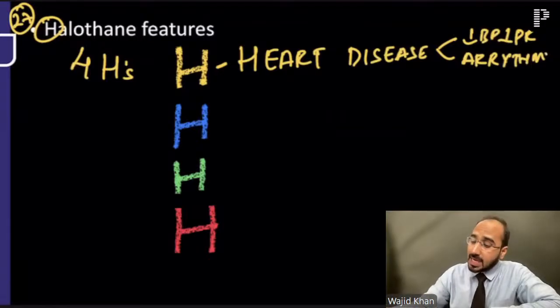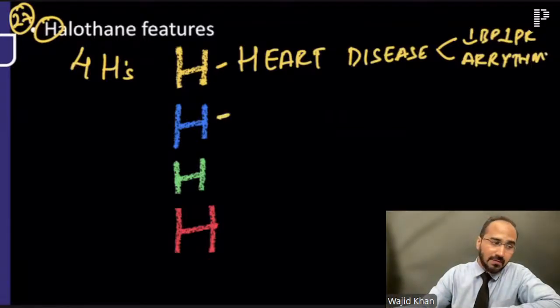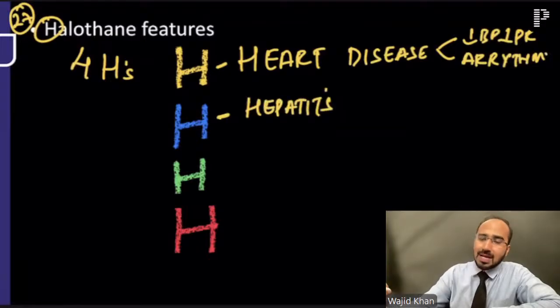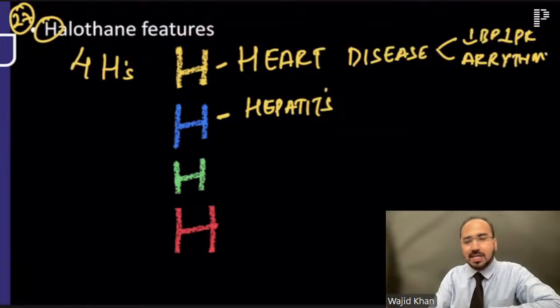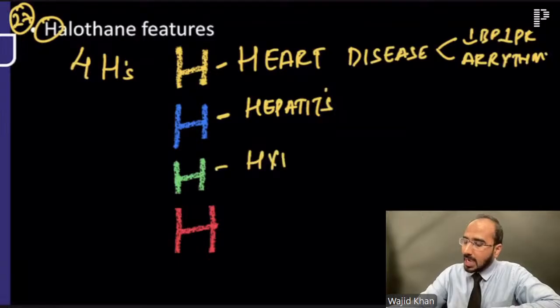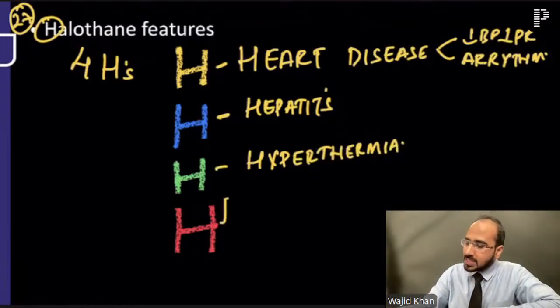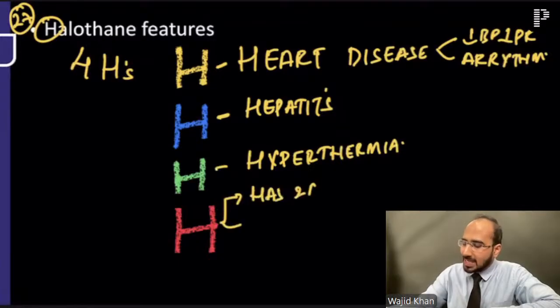Okay. Second H of halothane, remember, we have to remember 4 H's. The second H is hepatitis. Whenever you use halothane repeatedly, it will damage the liver cells, leading to halothane-induced hepatitis. The third H is hyperthermia. Malignant hyperthermia incidence is highest with halothane. The last H means halothane has 2 maximums.